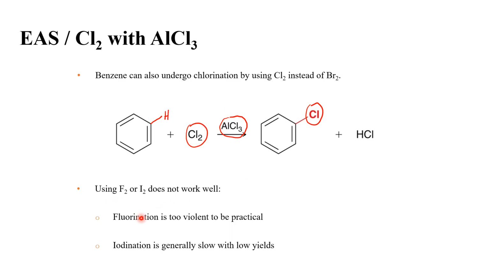We've seen the trend that fluorination is just too violent to be practical, and iodination is just too slow, right? We saw that with radical reactions way back in Orgo 2, that usually F2 and I2 don't work so great. Br2 and Cl2, though, will work fantastic for this EAS reaction.